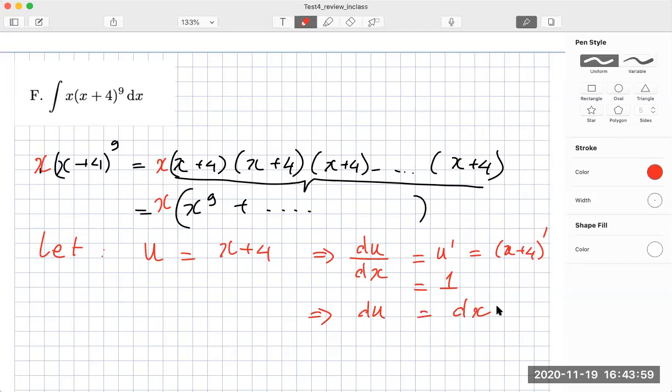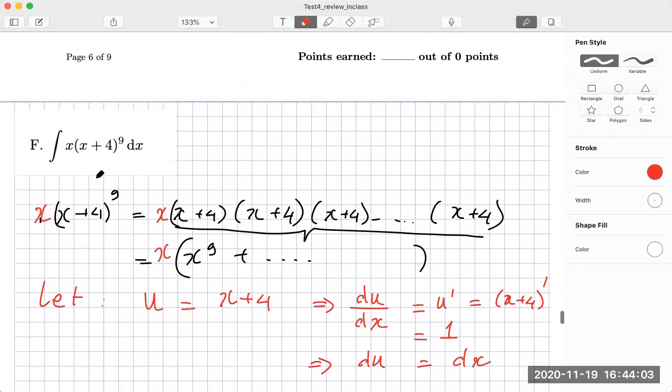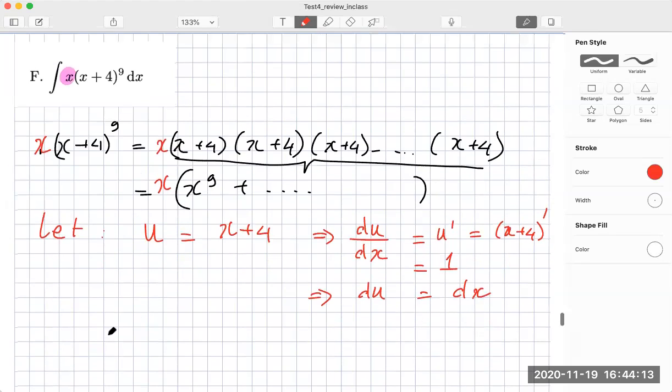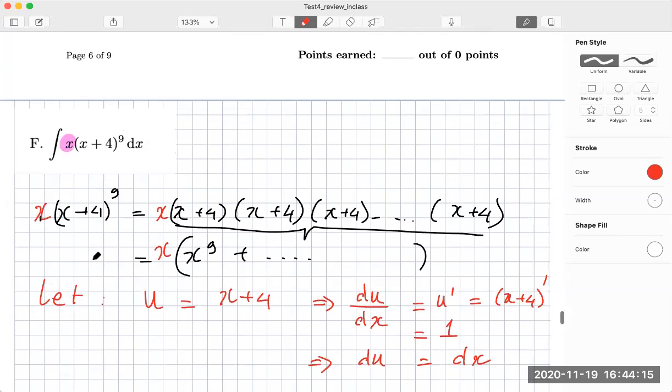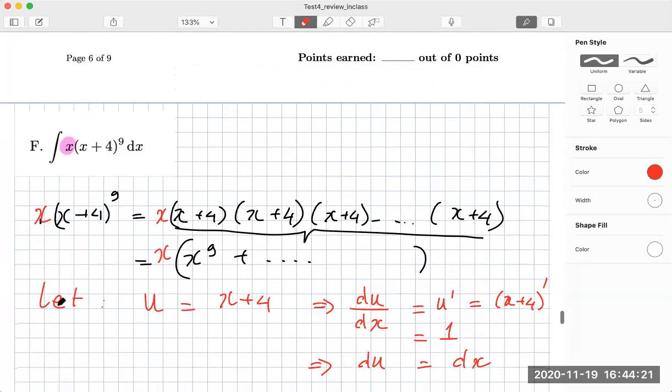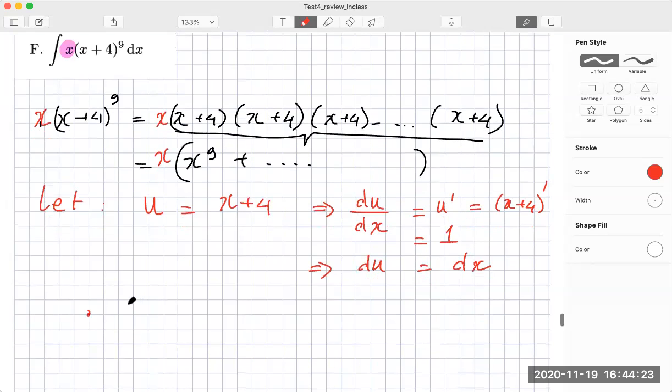So is it clear, Dylan and Gary? Yes, very good. Then, okay, what should we do next? Here, there's a term in x, right? We know that u is x plus 4. Therefore, we need to write everything in terms of u. It means that we need to replace x by, how can we find x here?